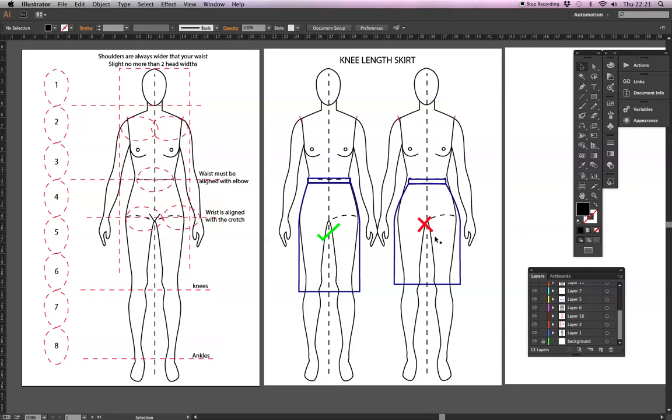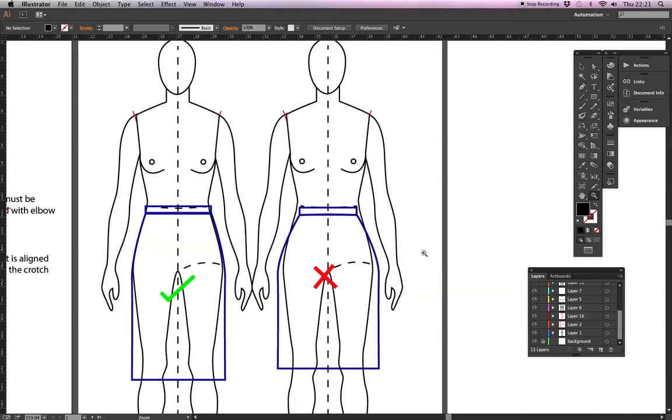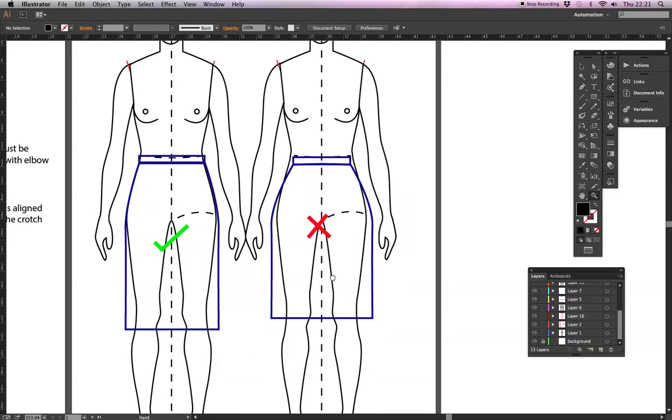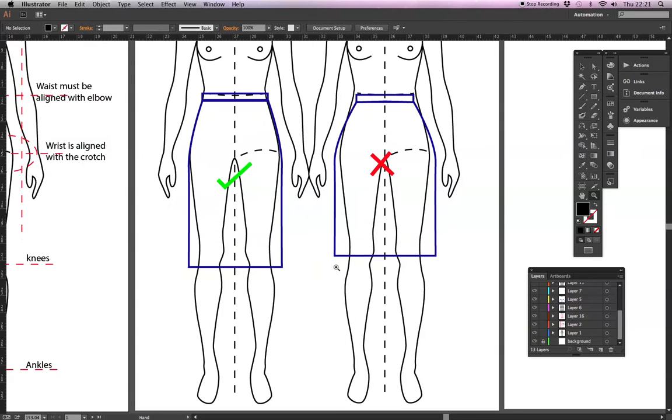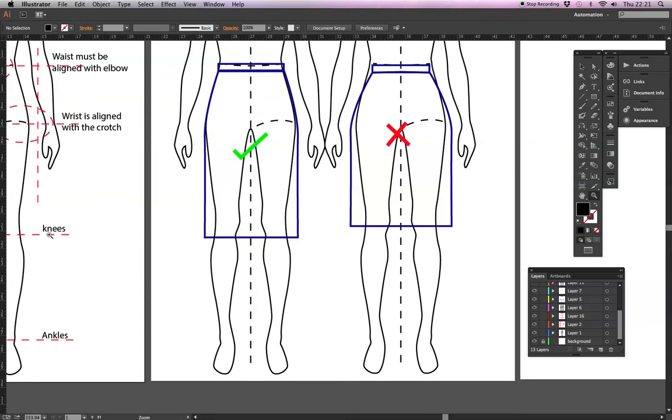When you look here, let me go closer so you can see. The waist on this one is much smaller and the hips are very broad. And if we go down further and look at where our knee positioning is, if we look at our knee here and we go across, you can see that this is not actually knee length.